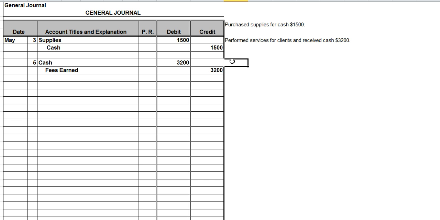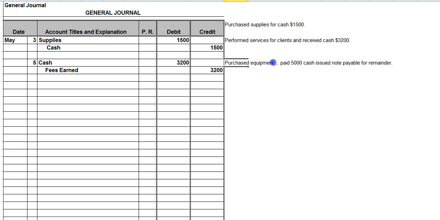Let's do another one. Let's say that we purchased equipment, paid $5,000 cash, issued note payable for remainder. Okay.